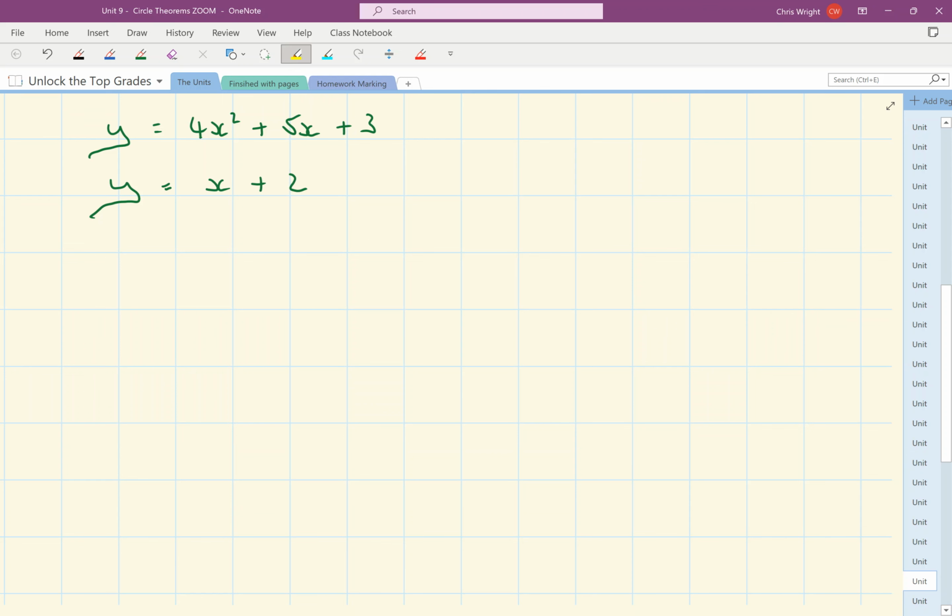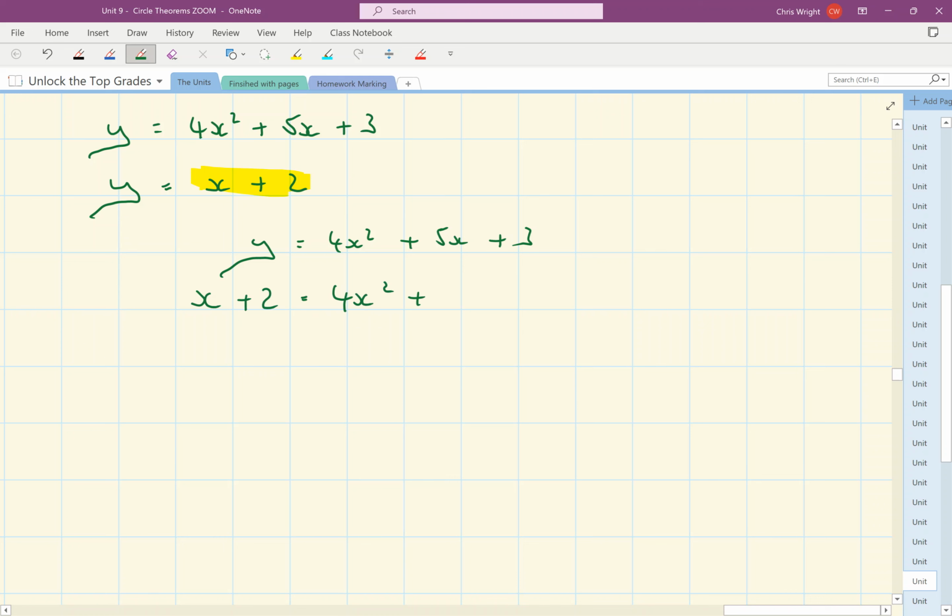So how am I going to solve these equations simultaneously? Well, I've got an expression for y here, so I'm going to substitute that into my first equation. The first equation is y equals 4x squared plus 5x plus 3. So instead of y equals, I'm going to say x plus 2 equals 4x squared plus 5x plus 3.